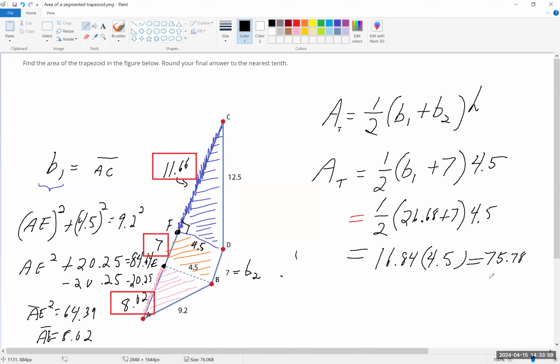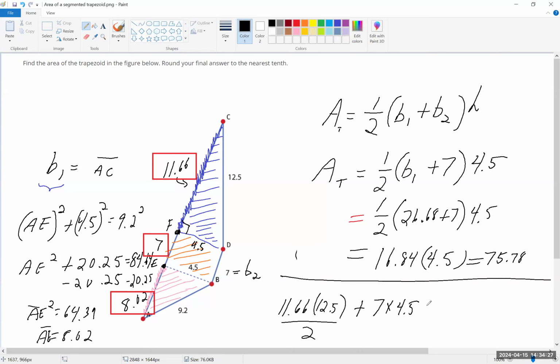Okay, so as a check, let's see if we can get the area of the blue piece, which is 11.66 times 12.5 divided by 2, plus 7 times 4.5. That's the orange part.